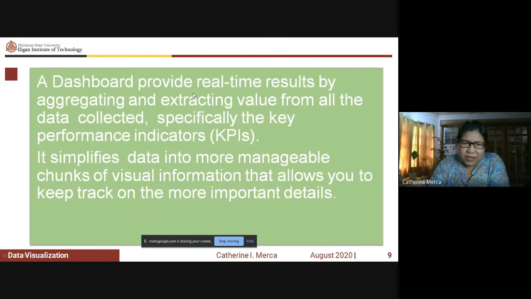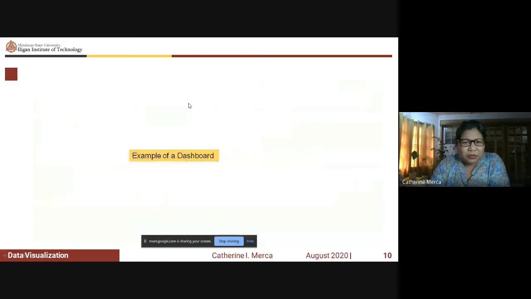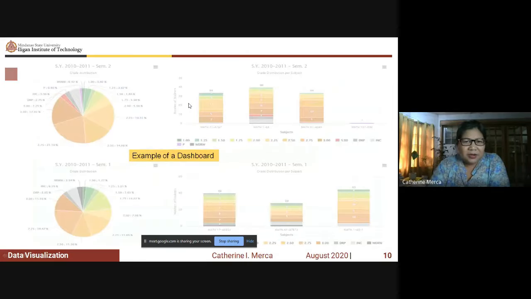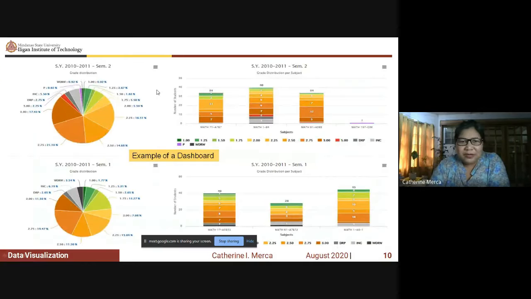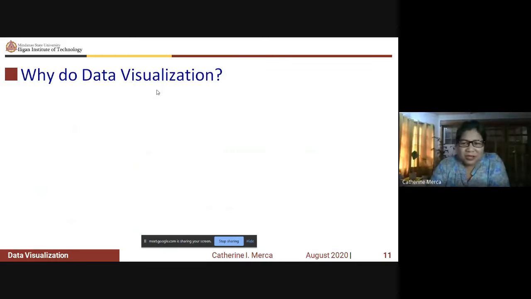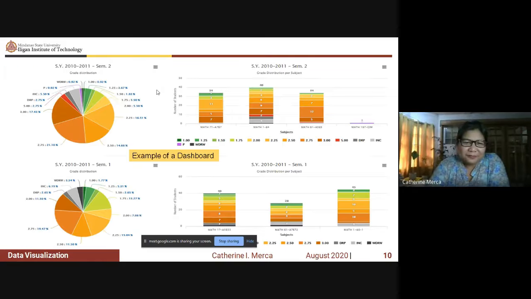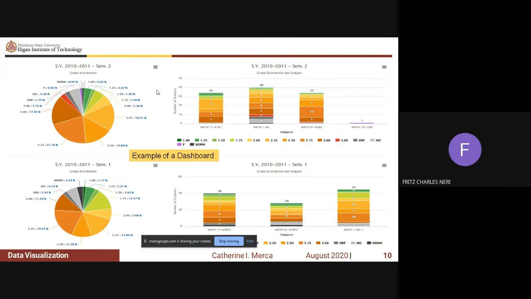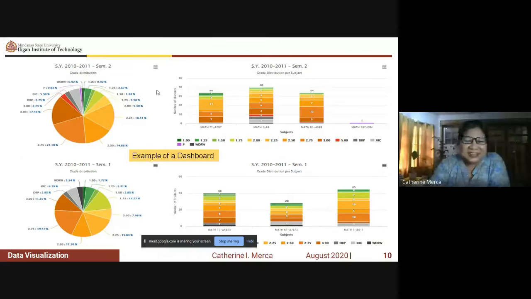So yung dashboard, this is an example of a dashboard. Are you familiar with this type of dashboard? Sino nakakita ng ganitong dashboard na? Dashboard sa grade, ma'am. Yes. Sa high school na no?